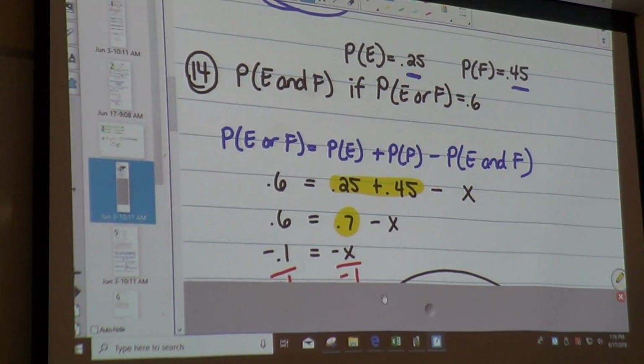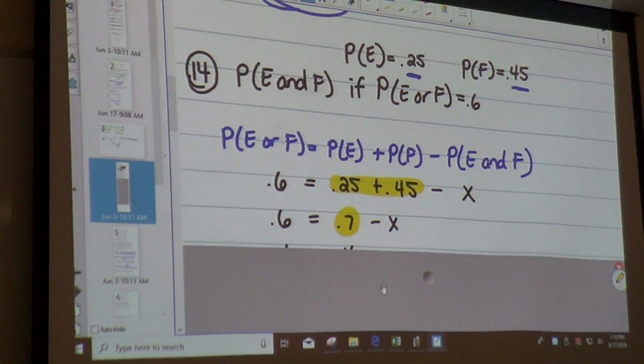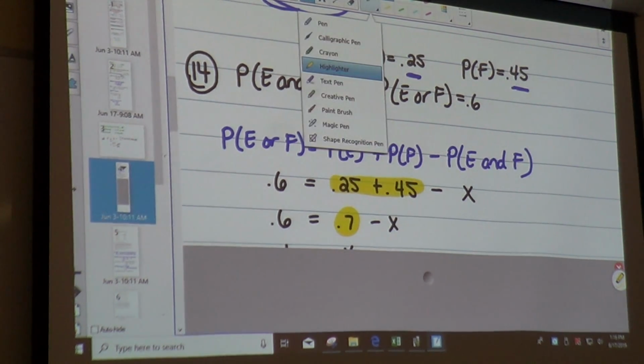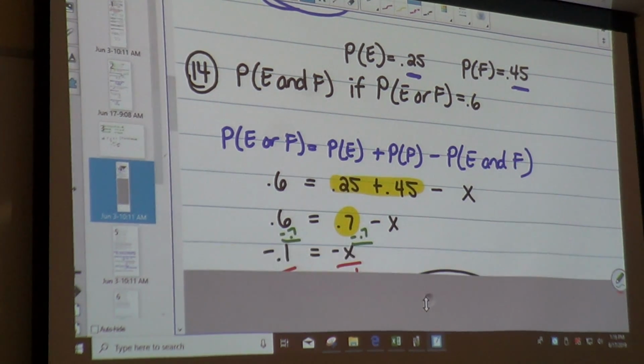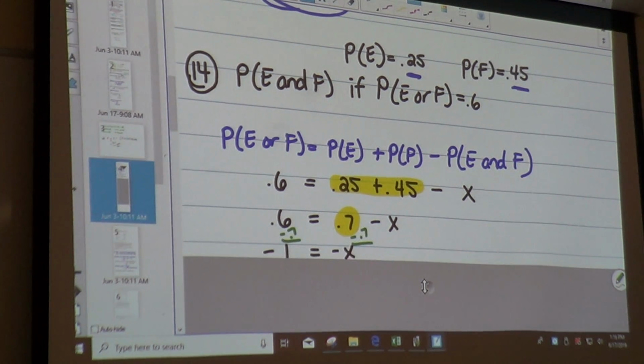Then, just to show you what I'm doing, I'm going to subtract 0.7 from both sides. That gives me a negative x equals a negative 0.1. What do I need to do to both sides now?